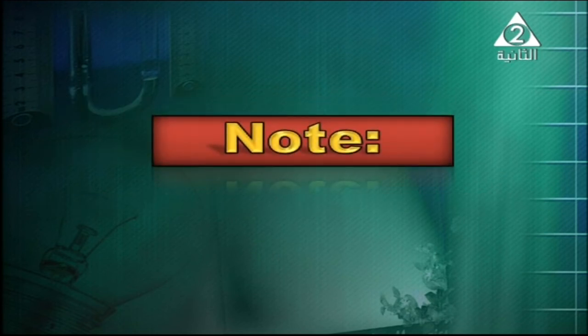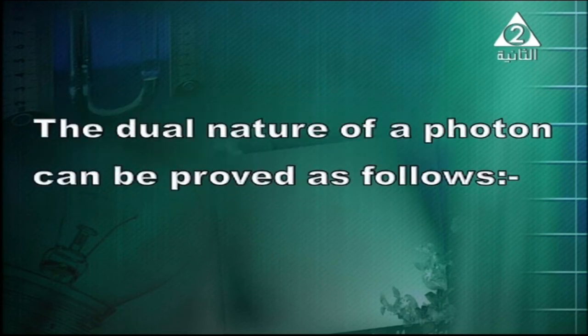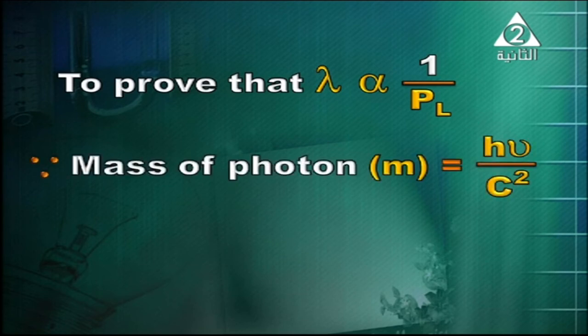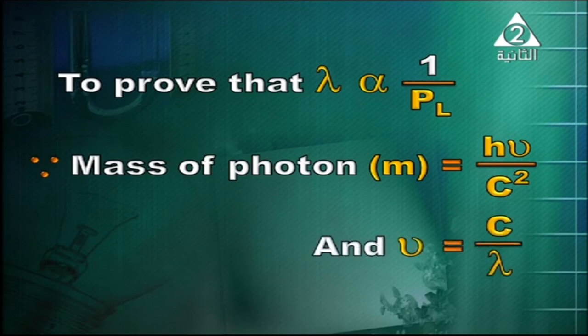Your attention, please. The dual nature of a photon can be proved as follows. To prove that lambda is inversely proportional to the momentum, the mass of the photon is determined from the expression h nu over c squared.